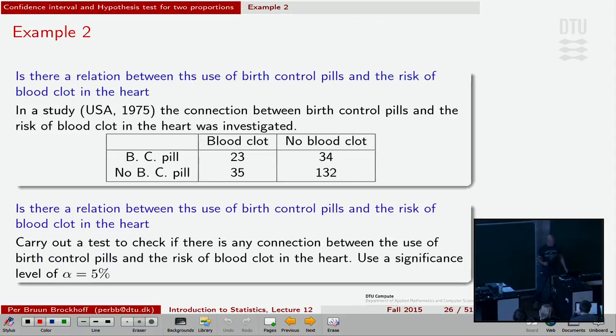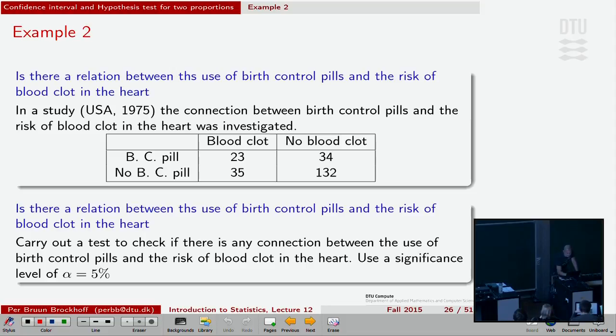And we use the normal distribution. Now, it could be exemplified in this example here. This is a classical 2-sample case.